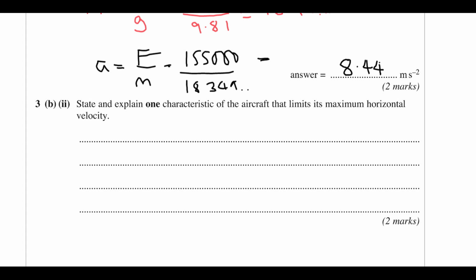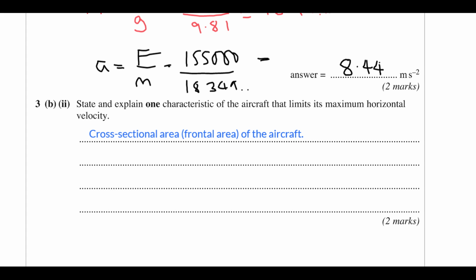The fluid density or viscosity affects it, but again, that's not a property of the aircraft. So it's essentially the frontal area, or the cross-sectional area of the aircraft. I'm going to call it the frontal area, because that's what it's known as when you're doing this properly. That's the thing that affects it, because it's to do with the air resistance.